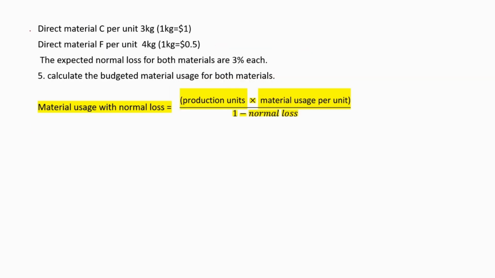And now they have given some extra information as well. These were given earlier, and now they are stating that the expected normal loss for both materials is 3% each. What is the normal loss? Normal loss is the loss management accountants are expecting in the next year, whereas abnormal loss is where management accountants are not expecting this loss.